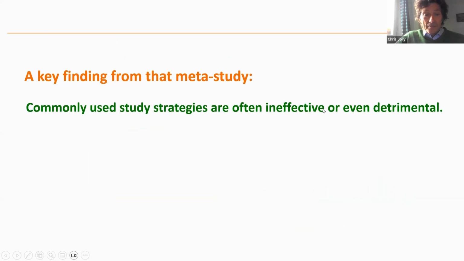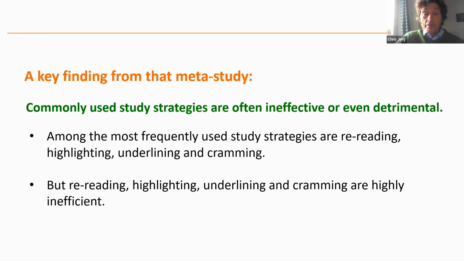In fact, let's have a look. A key finding from that meta-study was that various commonly used strategies can be very ineffective or even detrimental to learning. And those that they found to be in that category of not being very effective were things like rereading, highlighting and underlining, and indeed cramming.